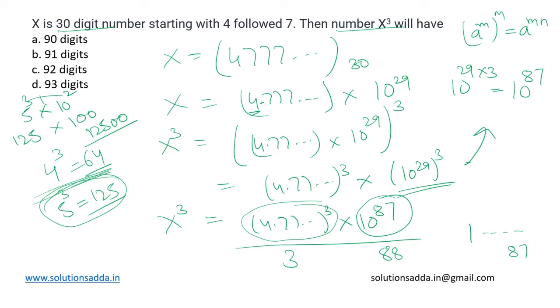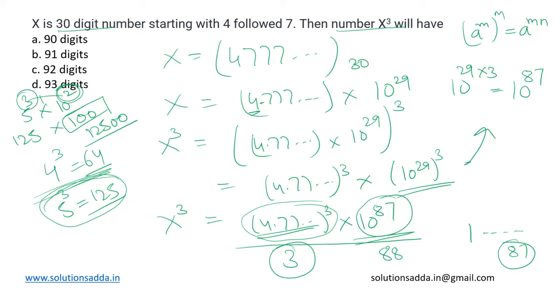So applying the same thing over here, what we get is the number of digits in this number, that is 3, plus the number of zeros over here. 10 cube actually has 3 digits, but how many zeros does it have? 2 zeros. So we got 3 plus 2, which means only the number of zeros are being counted. So how many zeros are there in this? 87 zeros. 1 followed by 87 zeros.